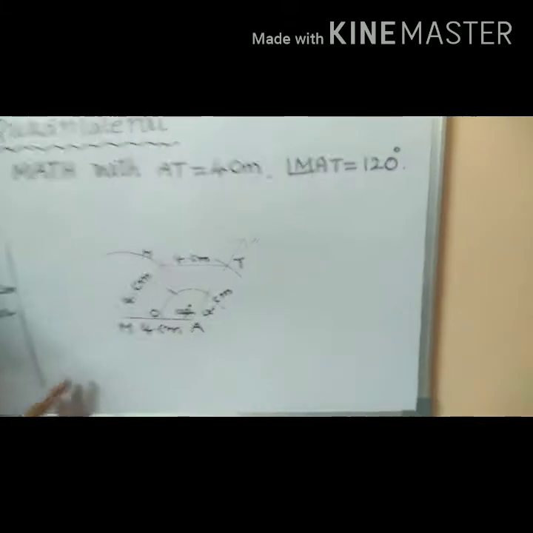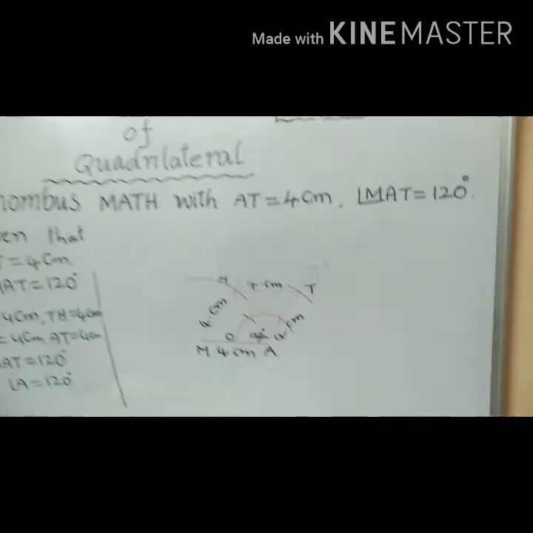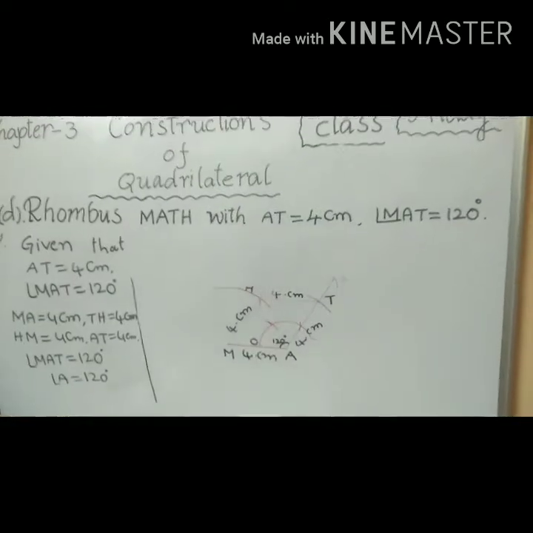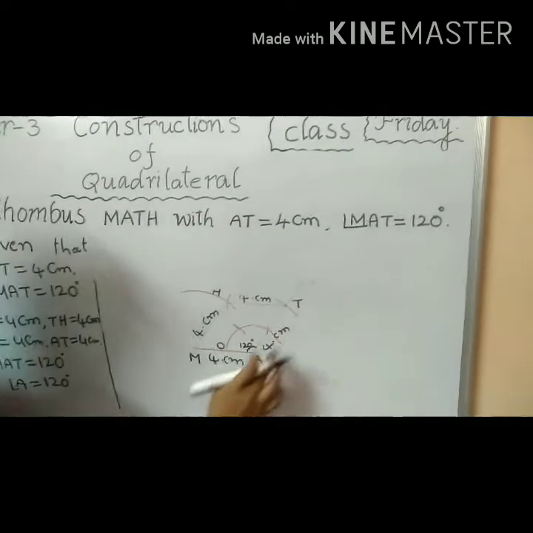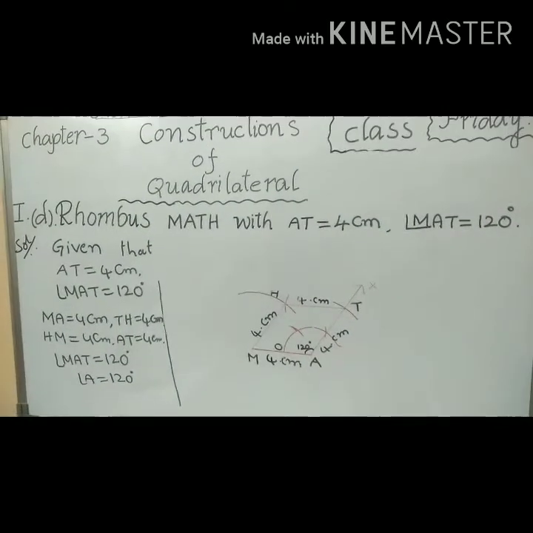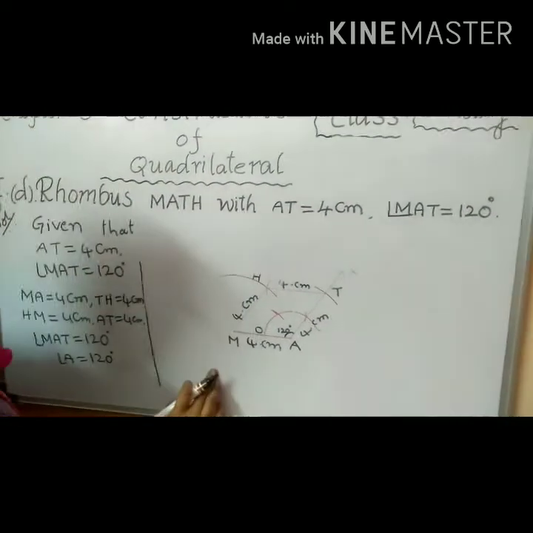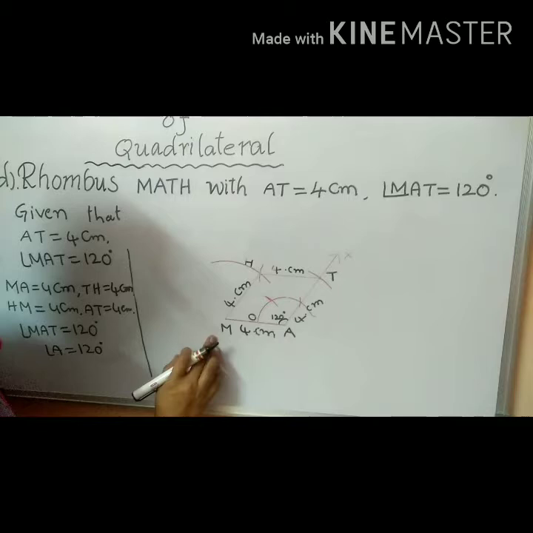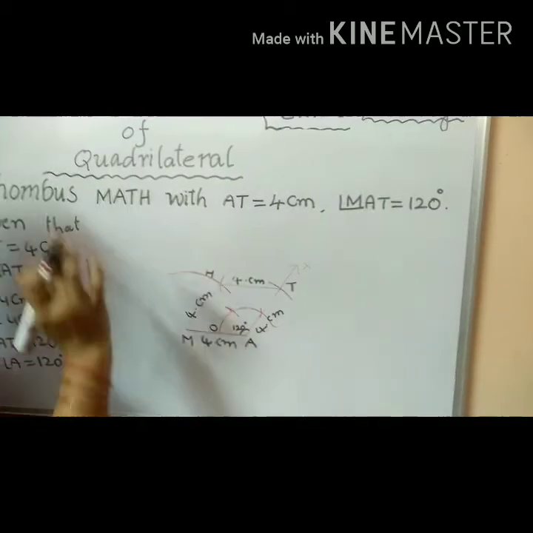So it is a rhombus diagram. The required rhombus MATH is formed. Okay, the required rhombus MATH is formed.